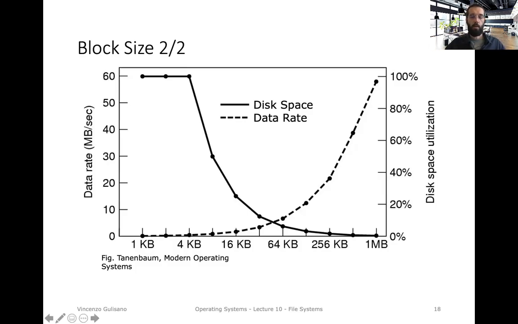But on the other hand, if you have small blocks and you need to read a lot of them, then the data rate will decrease because you have to do more context switches and so on. On the other hand, if you look at the disk space, which is the solid one, you see that if you have very small blocks, which means you don't waste blocks when you have to write small amounts of bytes, you can use almost the entire disk to actually store the information you want.